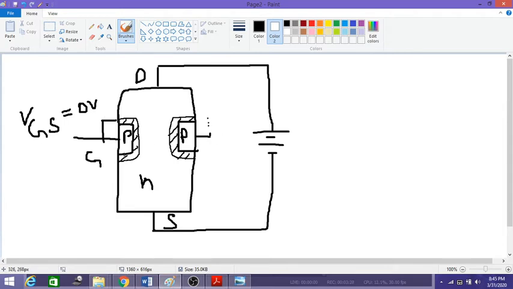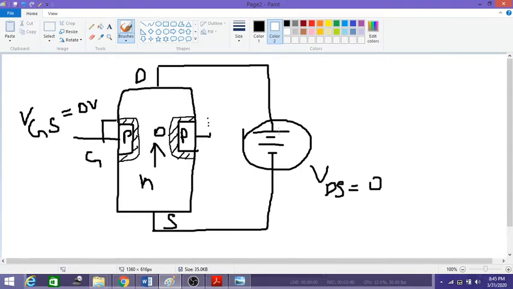Before applying any potential, if VDS is equal to 0, what is the current flowing here? The current is 0, because we have not applied any external potential. Even in a diode, if we do not apply any external potential, there is no net flow of current. The same thing applies here: there is no flow of current from source to drain.